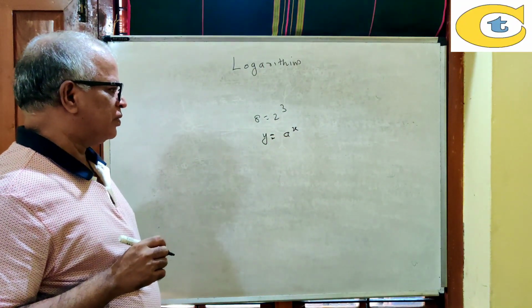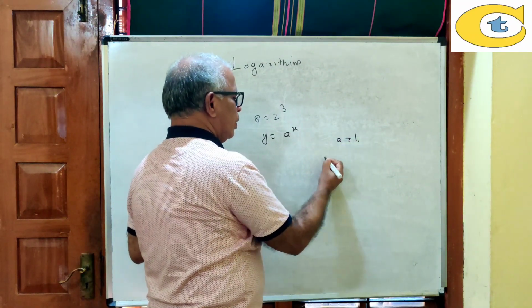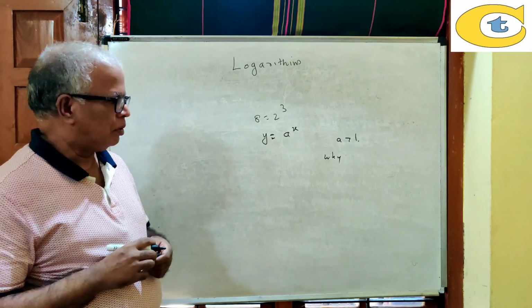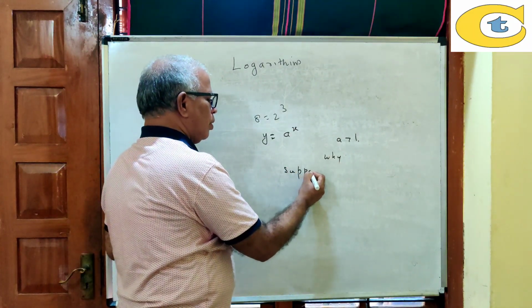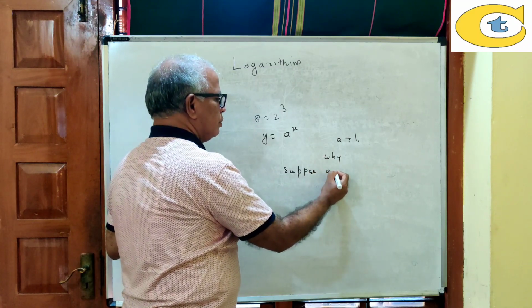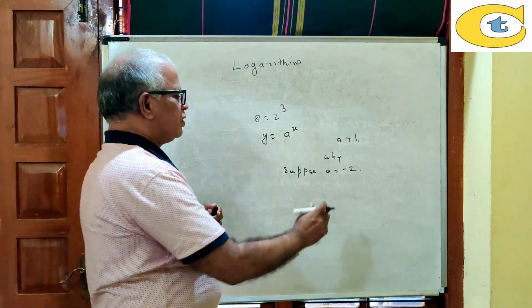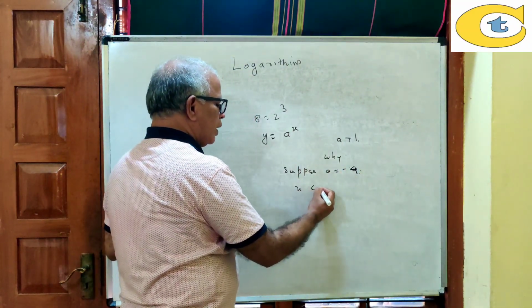Here the first condition is that a should be greater than 1. Why? Because suppose a is minus 2, or let us say minus 4, and x can be a real number.